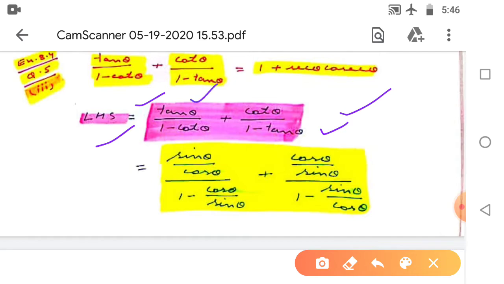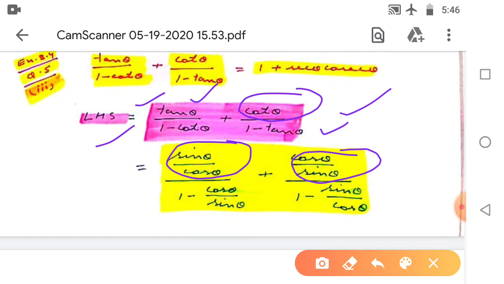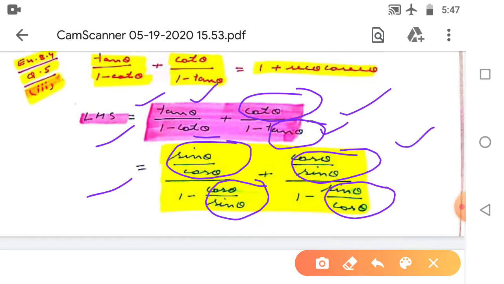So we write tan theta in terms of sin theta and cos theta. The value of tan theta is sin theta upon cos theta. The value of cot theta is cos theta upon sin theta. Again this cot theta is cos theta upon sin theta, and this tan theta is sin theta upon cos theta. Is it clear? Right? Fine.